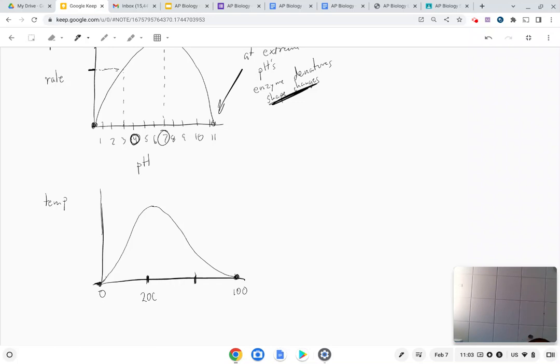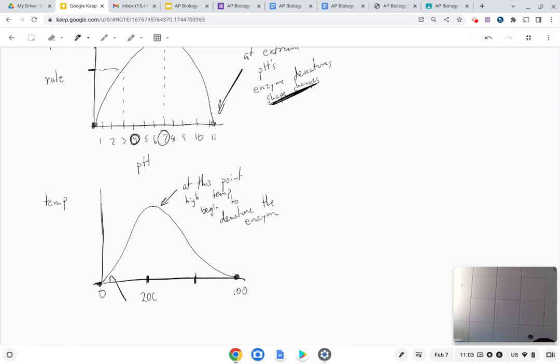So you could say maybe here at this point, the high temperatures begin to denature the enzyme. Now, why is the rate of reaction so low in here?